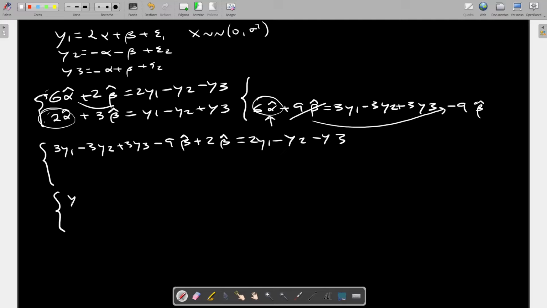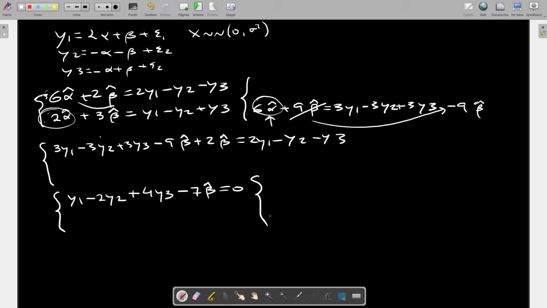So y1, now keeping the elements on this side, so minus 3 y2, this is minus, goes to this side, becomes plus, so minus 3 plus 1 is minus 2y2. And this one we have 3y3, this one is minus y3, goes there plus, so it's plus 4y3. And then we have minus 9 beta plus 2 beta, so this is minus 7 beta equals 0.